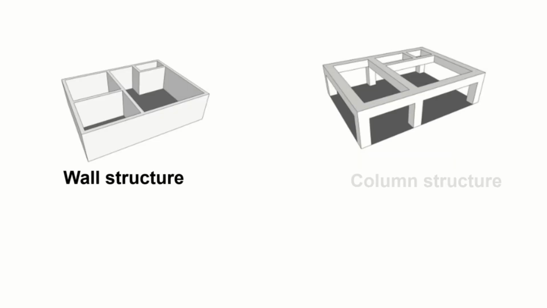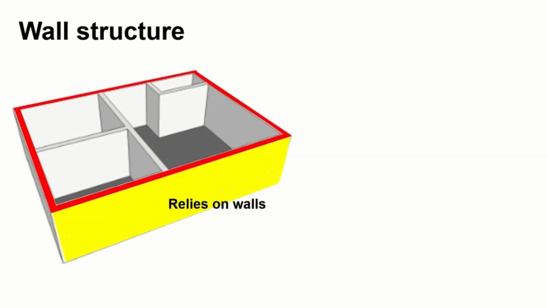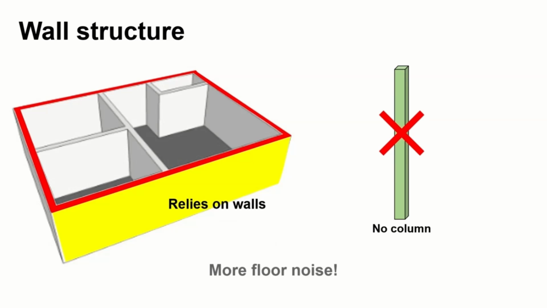Before explaining the piloti structure, let me briefly describe the two construction methods of apartments: wall structure and column structure. The wall structure relies on walls without columns to support the ceiling. This type of structure tends to have more floor noise compared to the column structure.